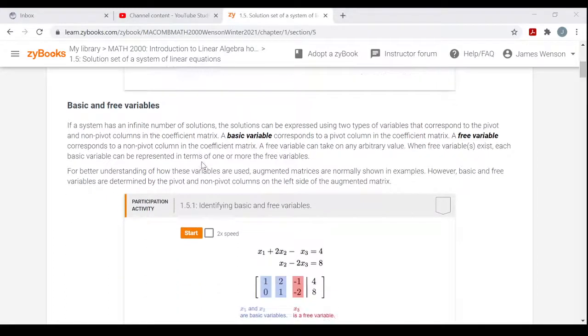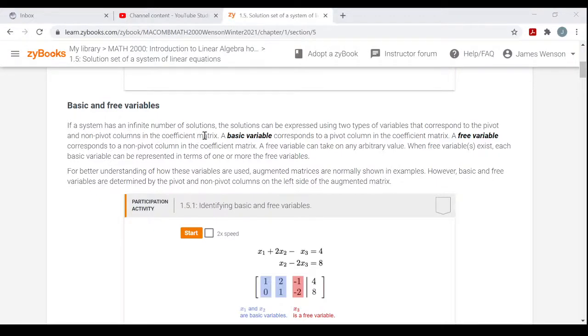All right. So here are some very important definitions. These words will come back over and over again throughout the rest of the semester and be used many times. So, basic and free variables. If a system has an infinite number of solutions, the solutions can be expressed using two types of variables that correspond to the pivot and non-pivot columns in the coefficient matrix.